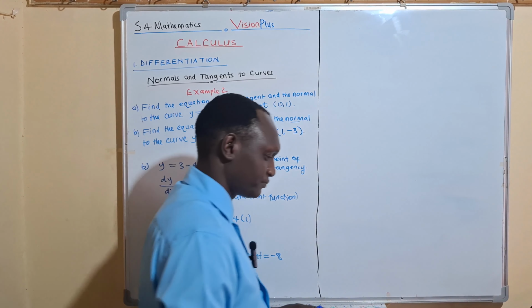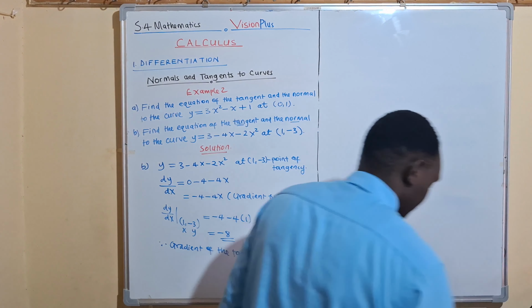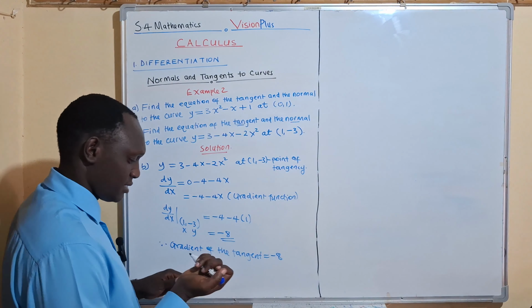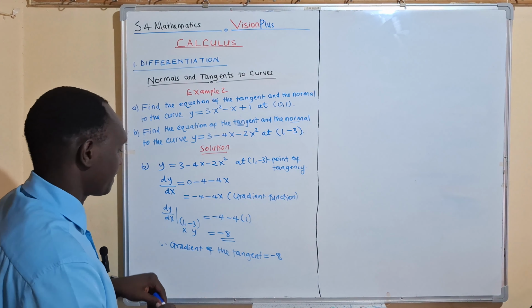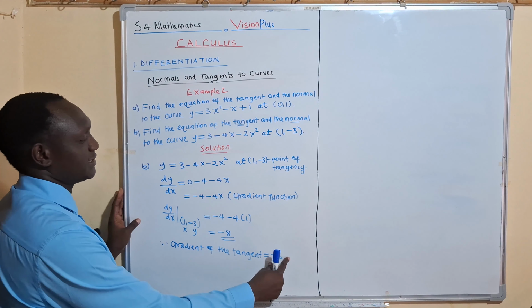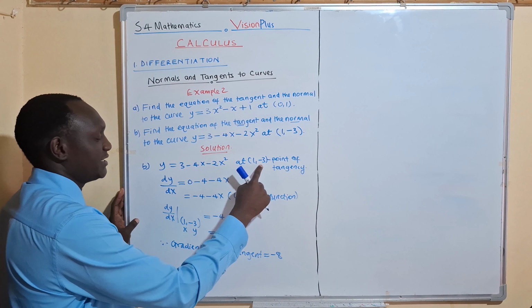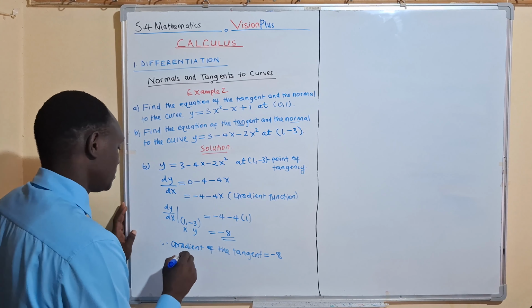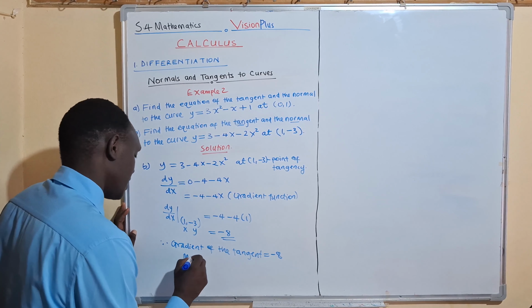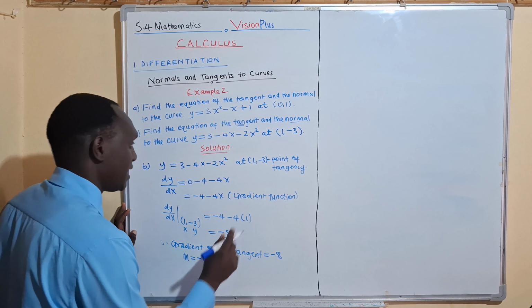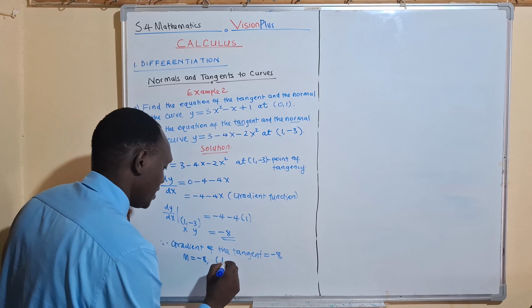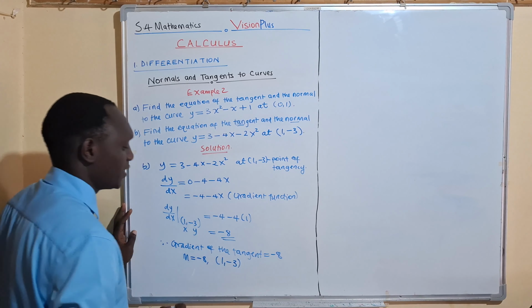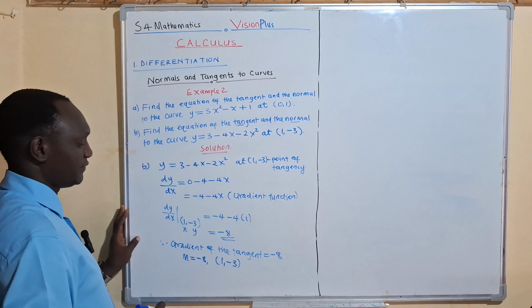Now from there, we have the gradient of the tangent, and we have the point of tangency, which is also a point on the tangent. So we can use the gradient, negative 8, and the point of tangency (1, -3) to get the equation of the tangent.